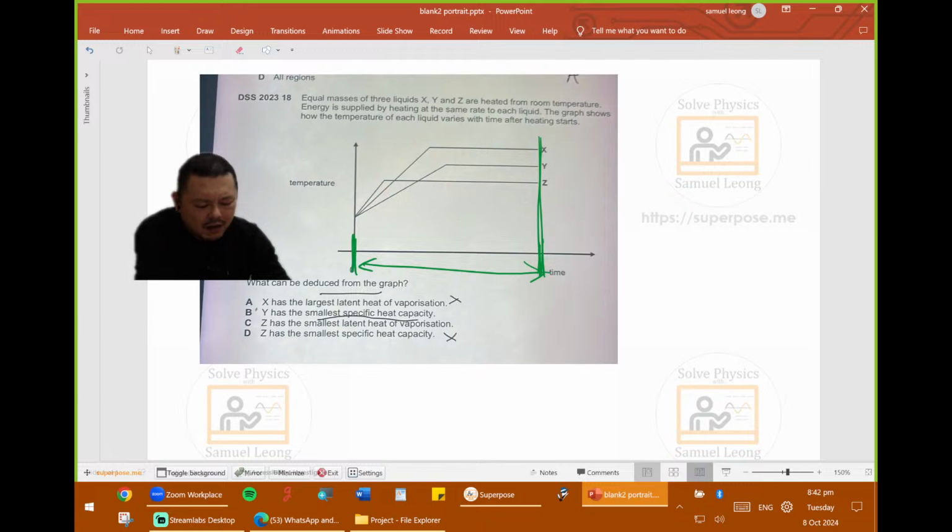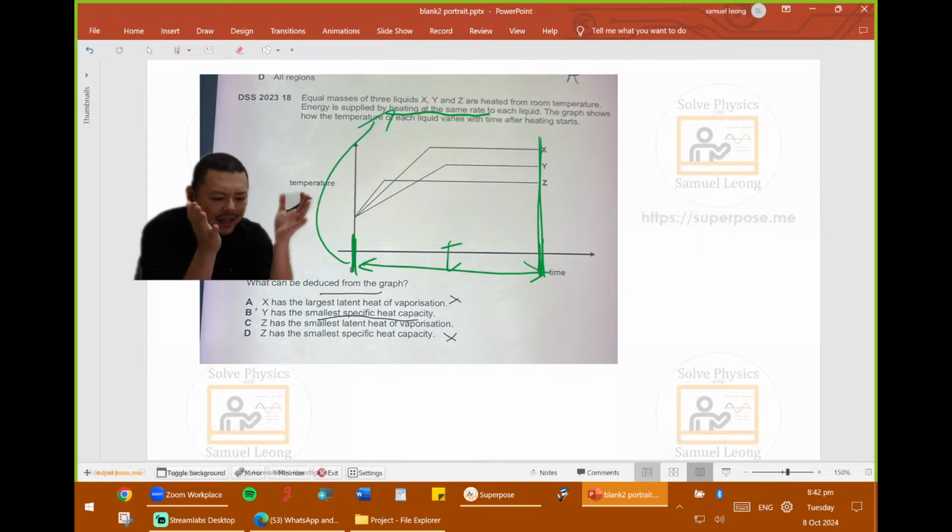Then do we understand that the graph gets cut off at the same point? So therefore, the graphs for all of them have the same time. Okay. Do we understand that they are heating at the same rate? Do you understand that that means all three substances have been provided with the same amount of energy?